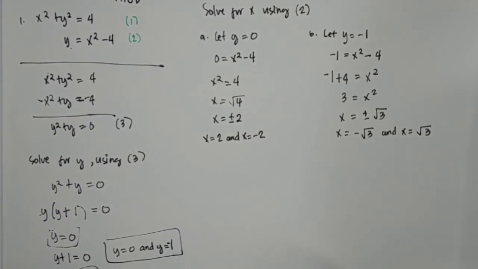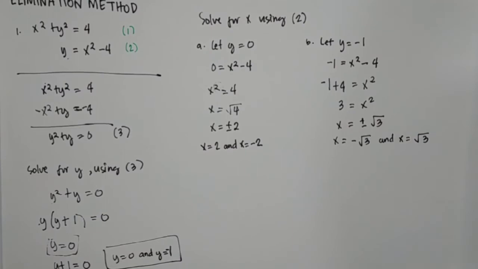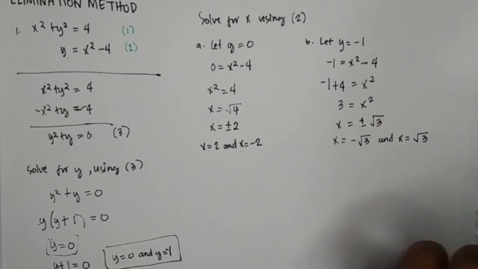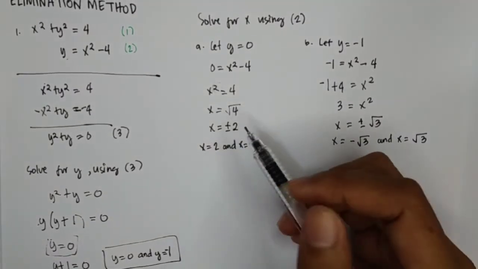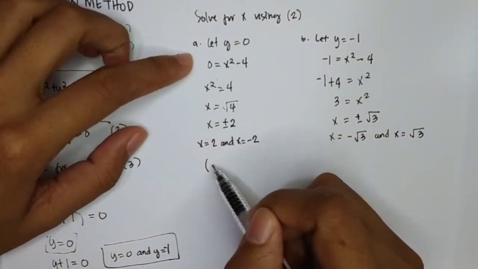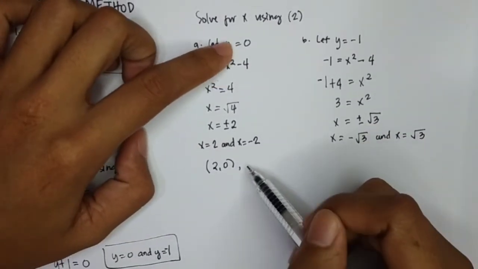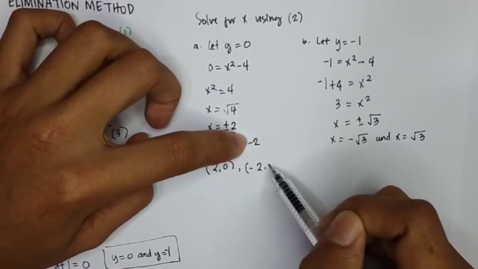So we have here, check natin if applicable ba to siya sa equation natin or tama ba itong solution natin. Again ha, we have here our points now. So we have here 2, 0. We have here negative 2, 0.